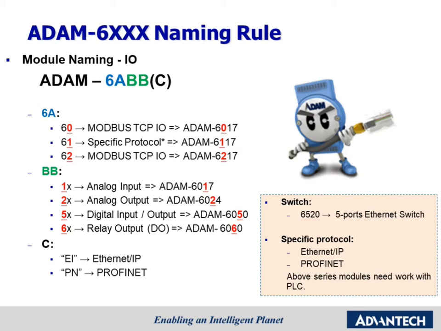The third digit stands for the module type. 1 is for analog input, 2 is for analog output, 5 is for digital input and output, and last, 6 is for relay output.